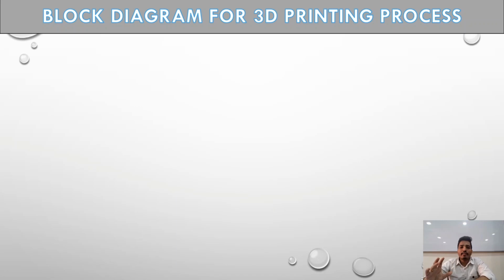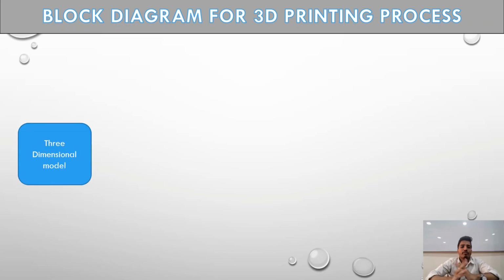Now I'll explain each block in detail. We'll consider the first block, the three-dimensional model. First you have to know what end product you have to make, and according to that, you use different CAD software. In the market we have various CAD software like SolidWorks, Blender, Tinkercad, and many open source software.